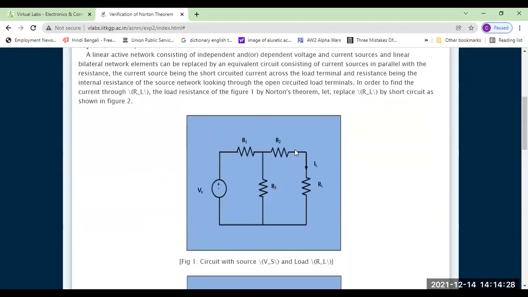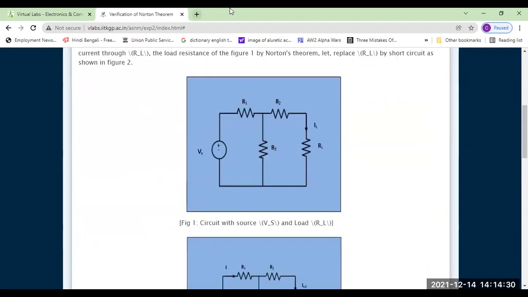So what they want to say is that there are some conditions. First, remember, this network should be bilateral. It may have an independent source or dependent source, but the elements should be linear. It is a bilateral, active, and linear network, which may have a voltage source and current source, dependent or independent, whatever it may be.